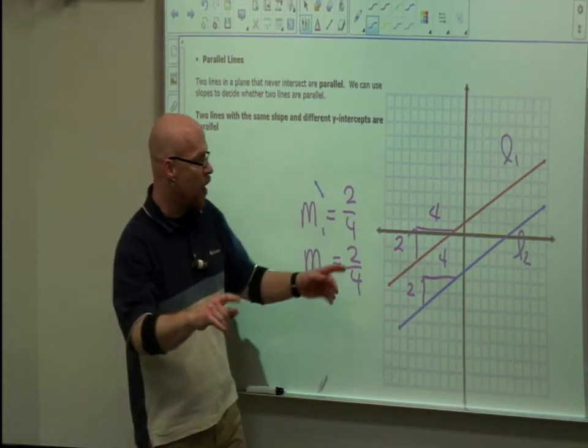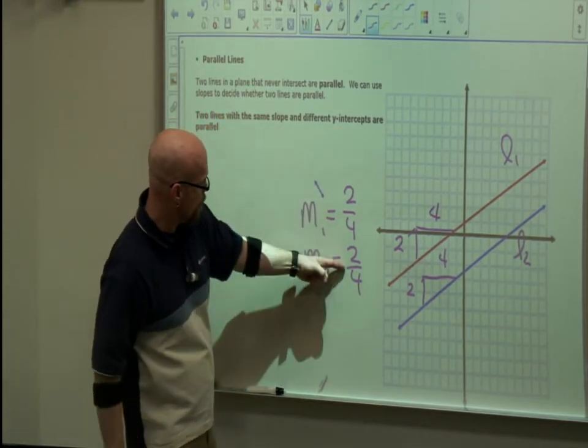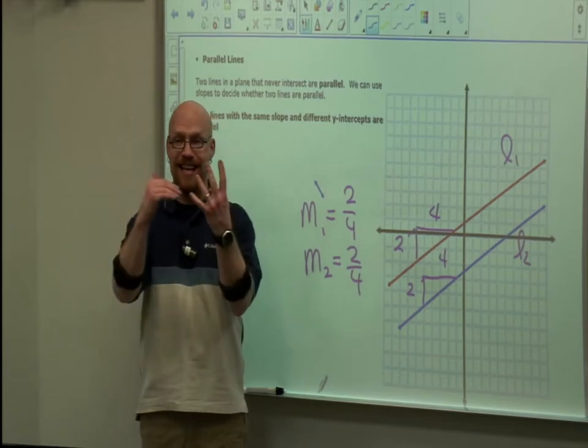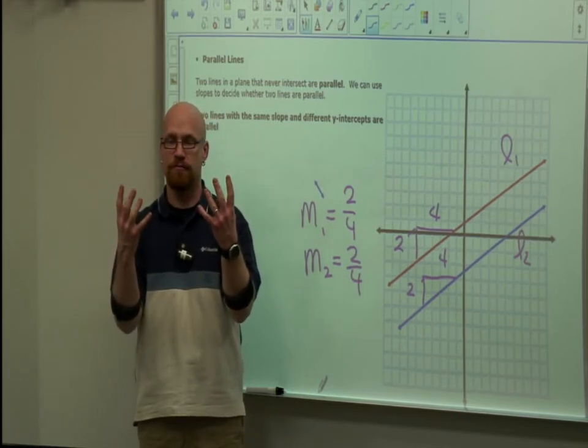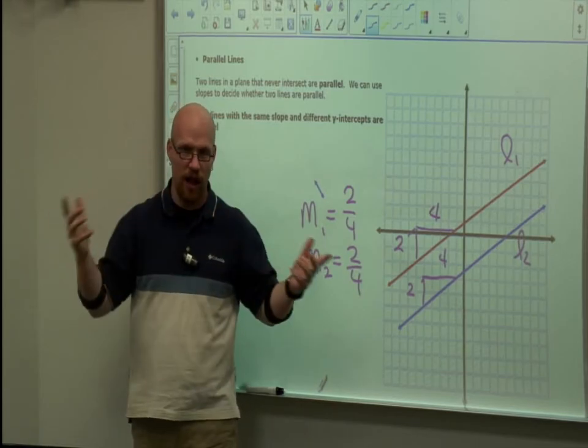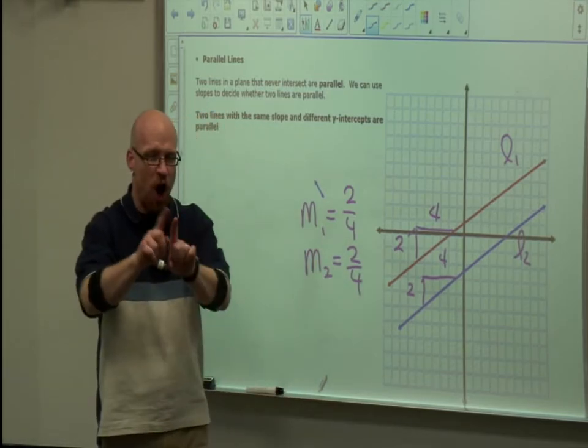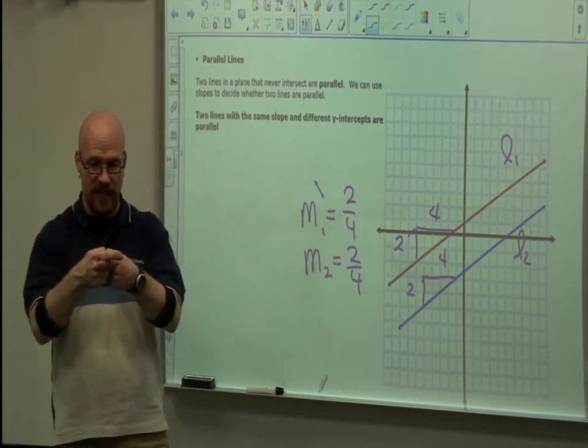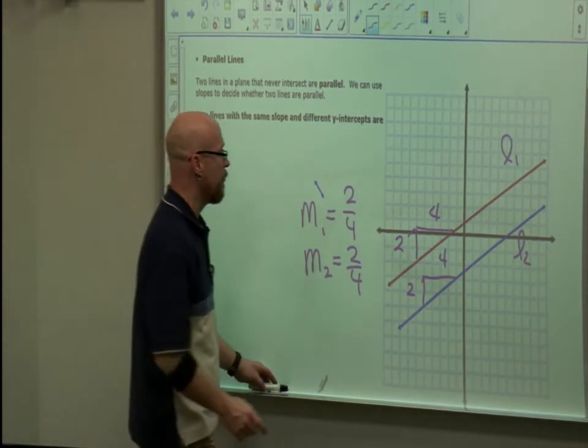Okay, we can see here that also 2/4 equals 2/4. Therefore, the two lines are parallel. Because we can also see, obviously, the y-intercepts are different.